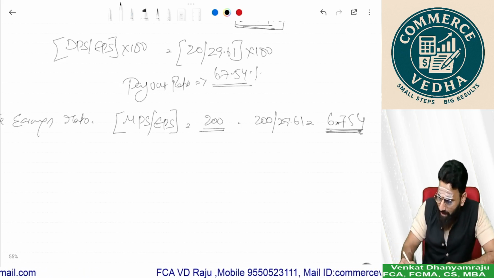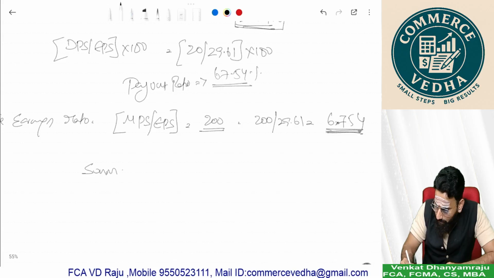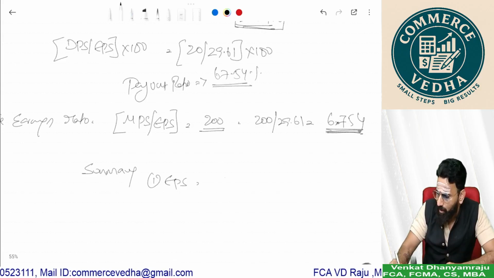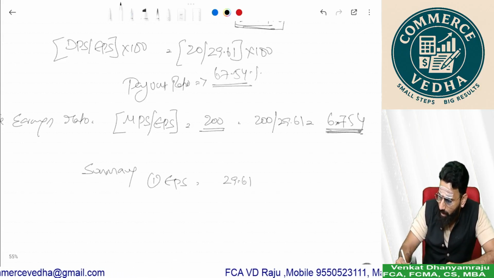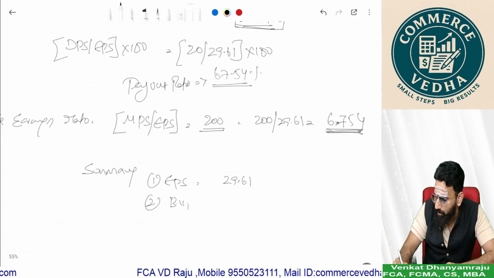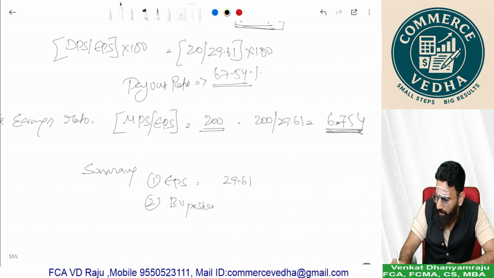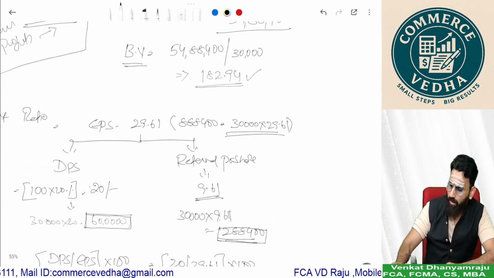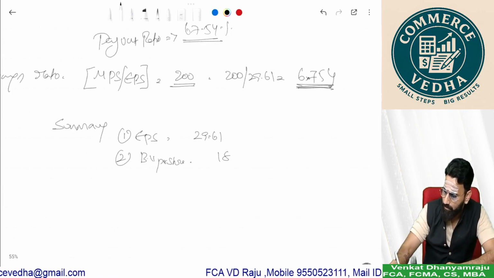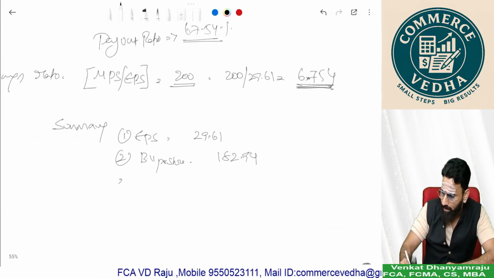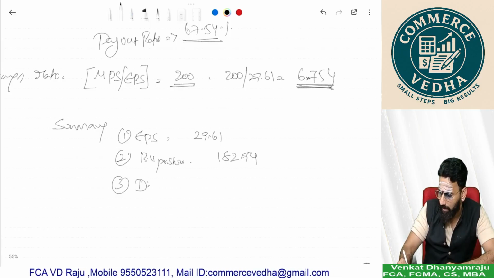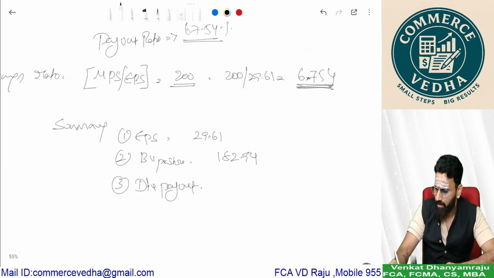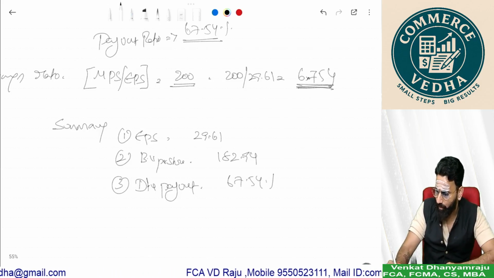To summarize the answer: point number 1, EPS 29.61. Point number 2, book value per share 182.94. Point number 3, dividend payout, which is 67.54%.